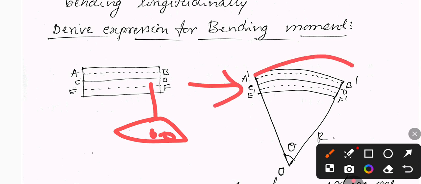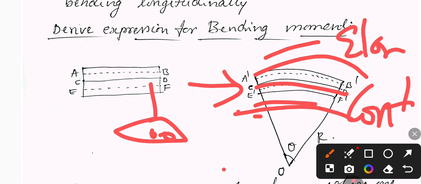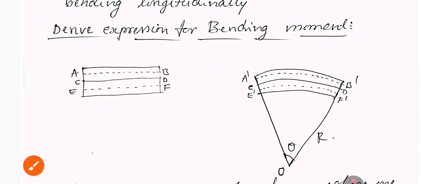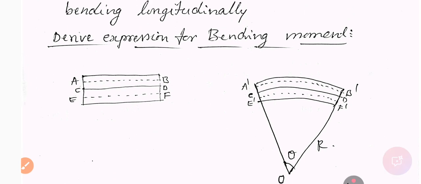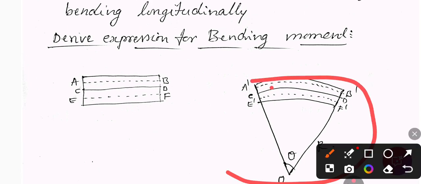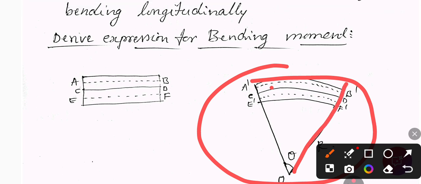So A changes to A dash, B dash, CD remains CD, whereas EF changes to E dash and F dash. A dash B dash elongates, whereas E dash F dash contracts. Then they form an imaginary circle with radius R, and the angle subtended at the center is theta. This is the angle theta.